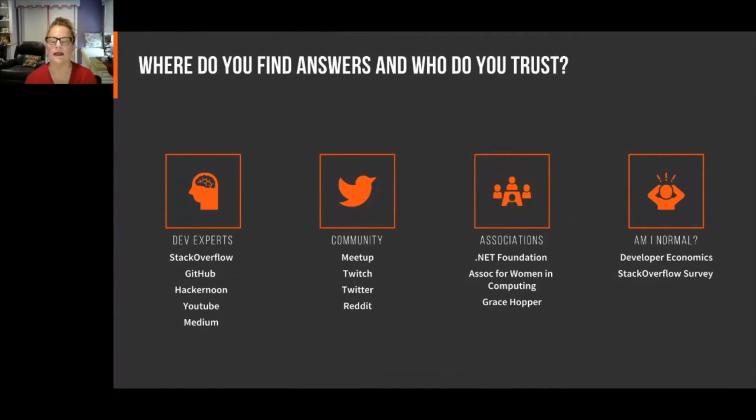Likewise, GitHub is one of my favorite sites. I go to the GitHub Explore section every day just to see what's trending, and I learn so much, because the cool thing is that every company, particularly in the Microsoft, .NET and Azure ecosystem, has products and code up there.